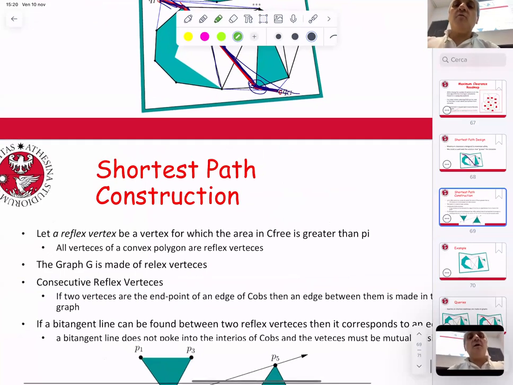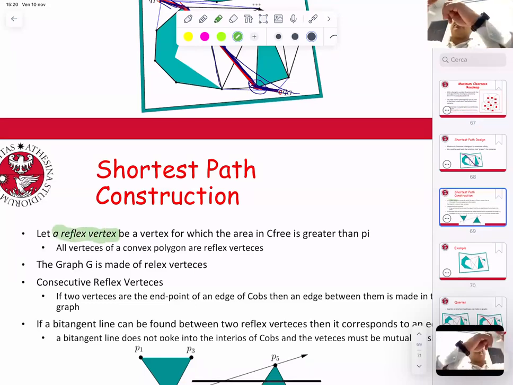First of all, we define a reflex vertex. What is a reflex vertex? A reflex vertex is a vertex between two edges, such that the angle, here I wrote the area, but it's wrong, let's say the angle in the configuration free space is greater than pi.